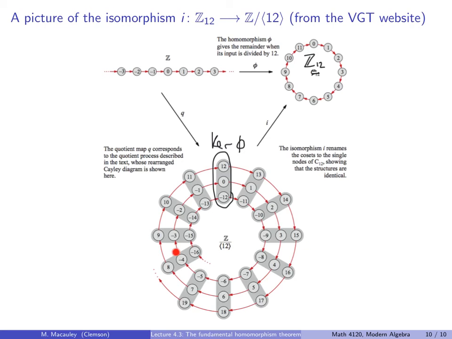So if you collapse out by the left cosets, what you get is a diagram that looks just like this, but the nodes are labeled with the cosets instead of the numbers. So this map here, this I, is different than this I. This relabeling map is an isomorphism that shows that Z mod the kernel of phi is isomorphic to the image, which is just Z12. So this is the fundamental homomorphism theorem applied to quotients of the integers and cyclic groups.